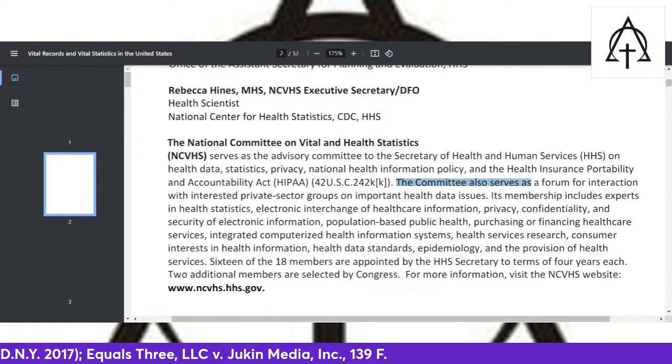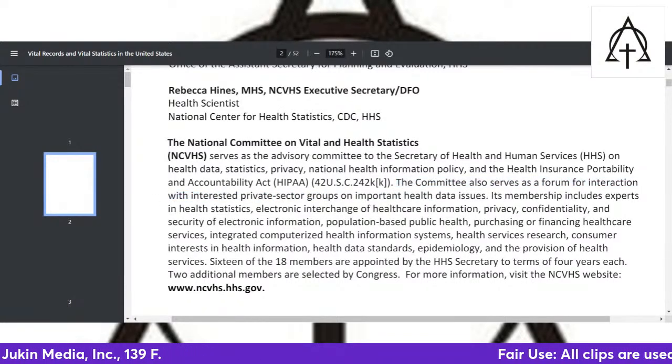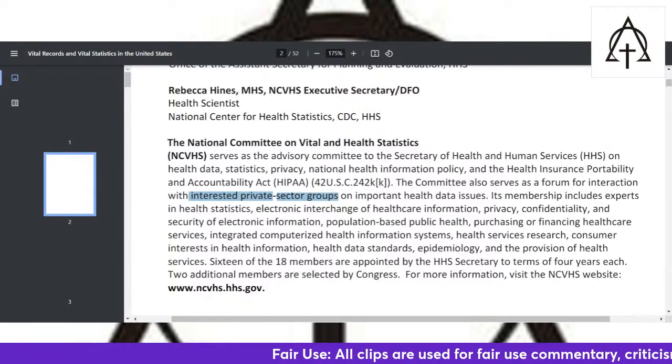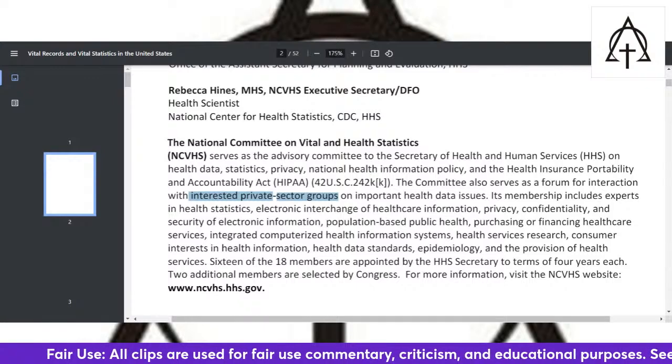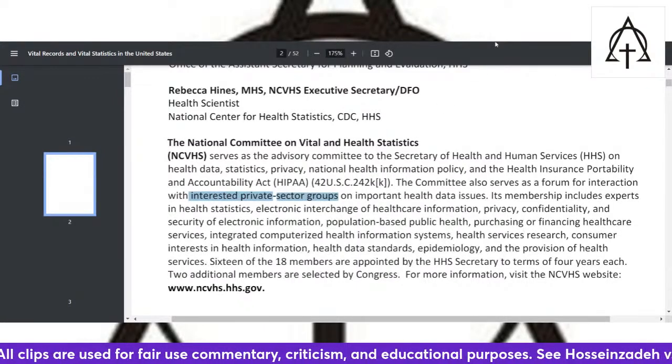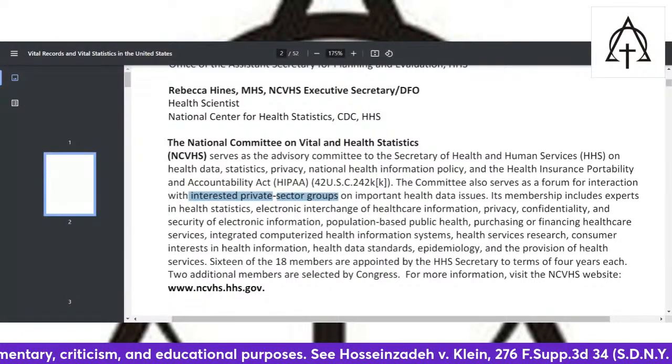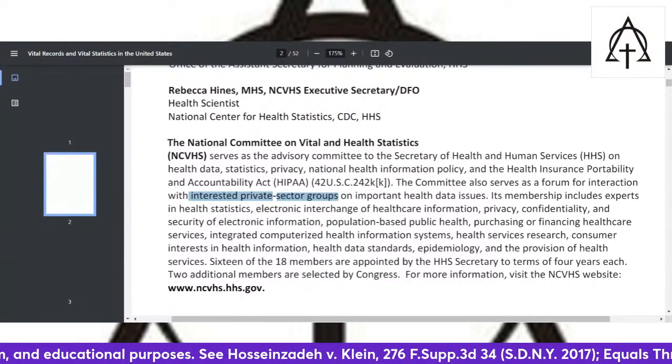The committee also serves as a forum for interaction with interested private sector groups on important health data issues. Like I said earlier, you're a data consultant, and that interested private sector group is yourself.